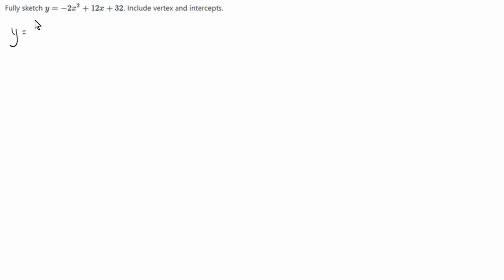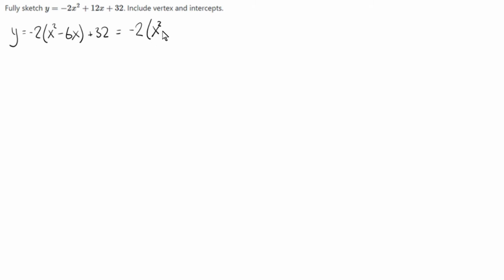So we're going to start by factoring out the greatest common factor from the first two terms, which is negative 2, which leaves us with x squared minus 6x. Then we complete the square for this binomial.